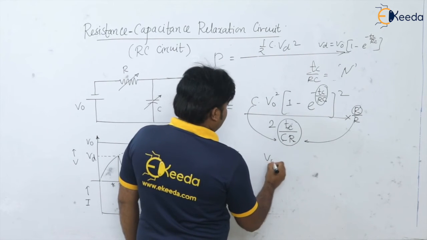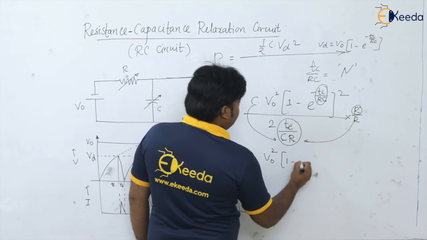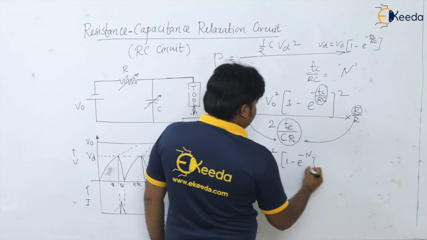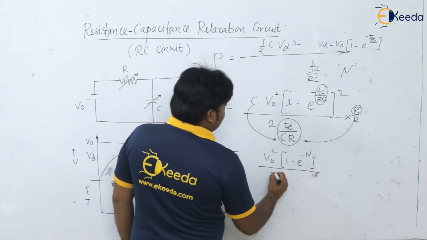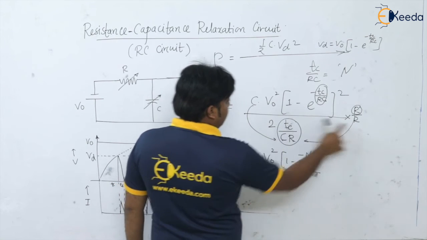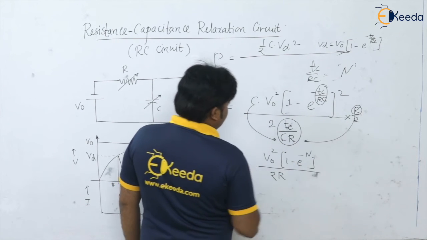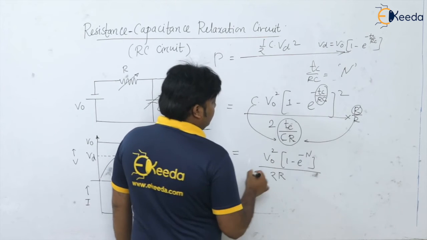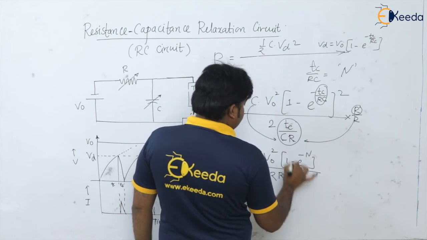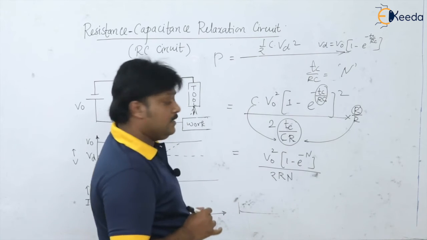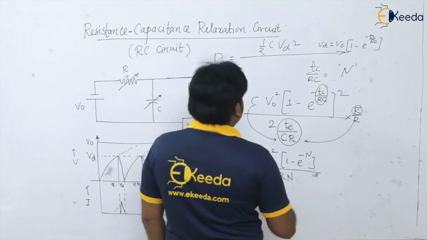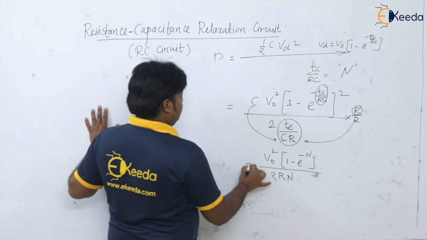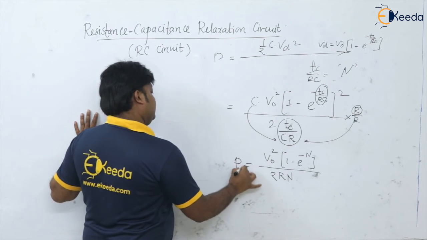So VO square into bracket 1 minus e to the power minus n, divided by 2 times R, and TC divided by RC is nothing but n. Isn't it? So you get here, this is P average.